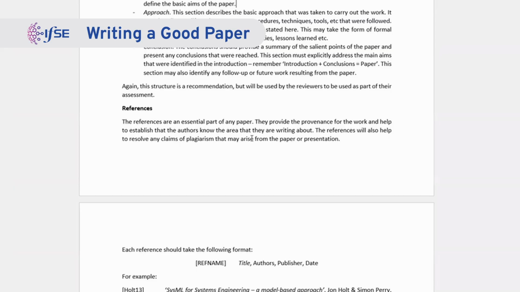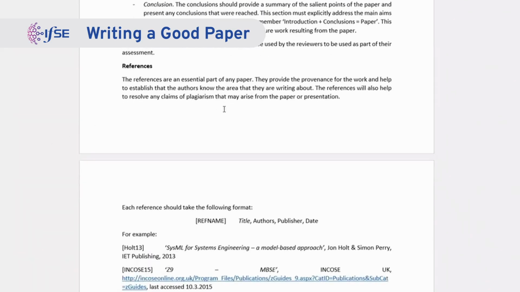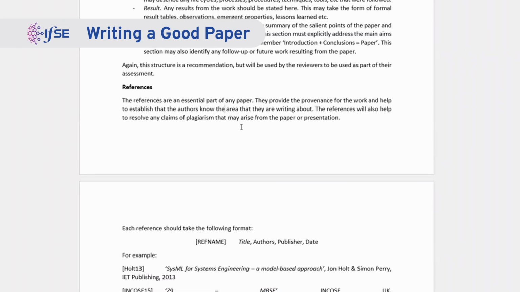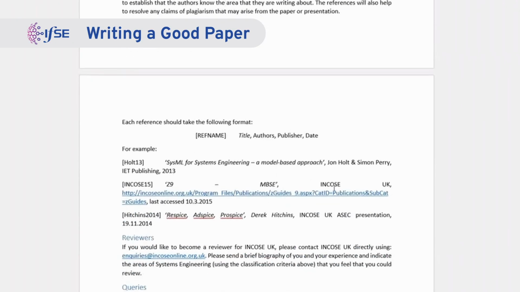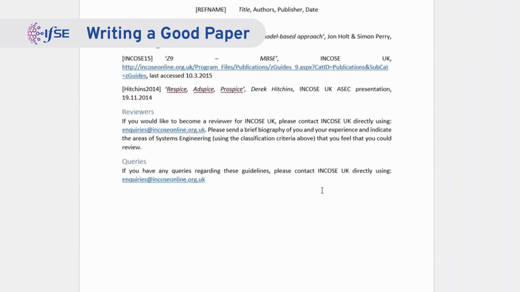The references are very important. Now, when it comes to submitting the full paper, it doesn't need to be an absolute complete set of references at that point, but bear in mind it is one of the criteria that the reviewers will be looking for. And we've got some guidance on what these things should look like there.